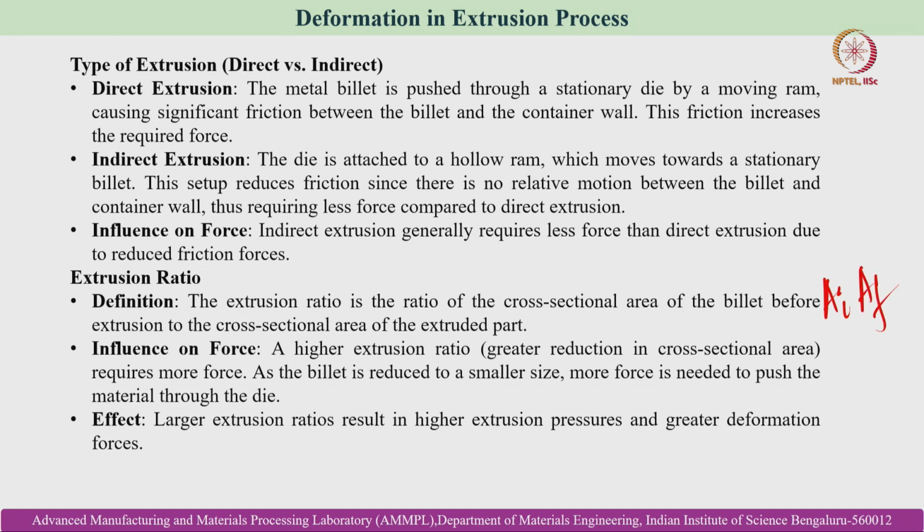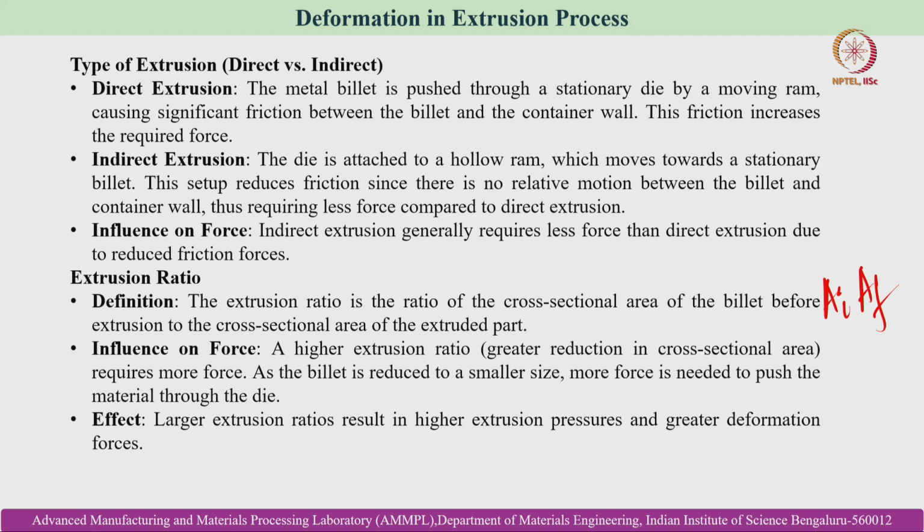Influence on force: a higher extrusion ratio, that is greater reduction in cross sectional area, requires more force. As the billet is reduced to a smaller size, more force is needed to push the material through the die.